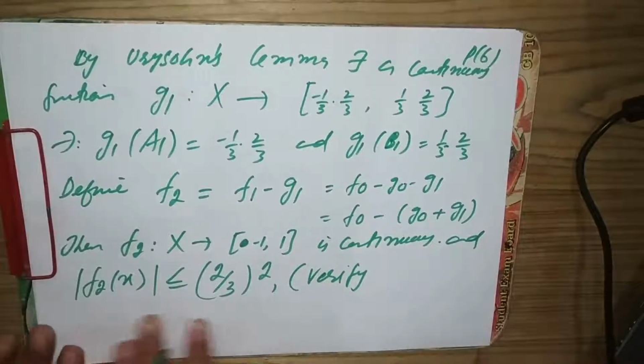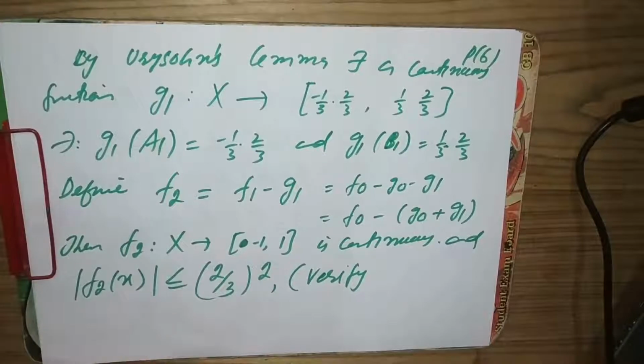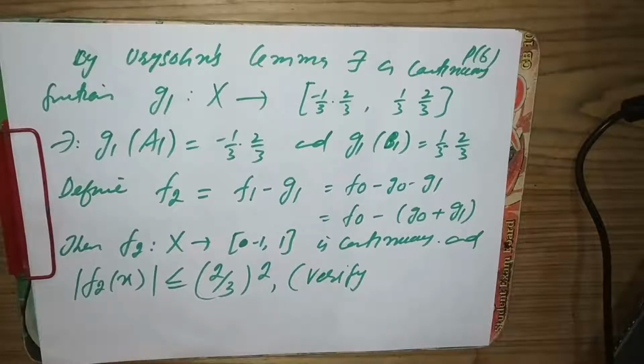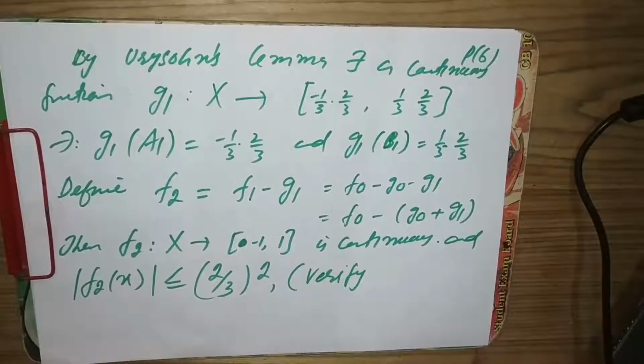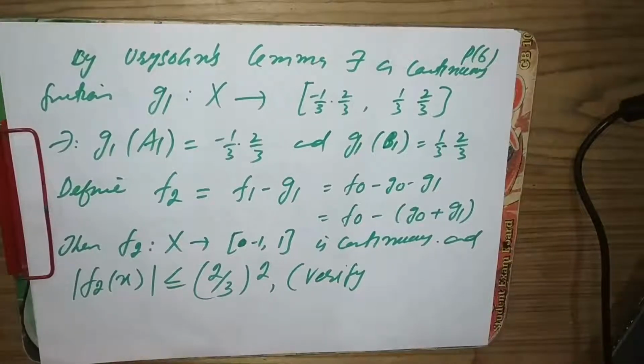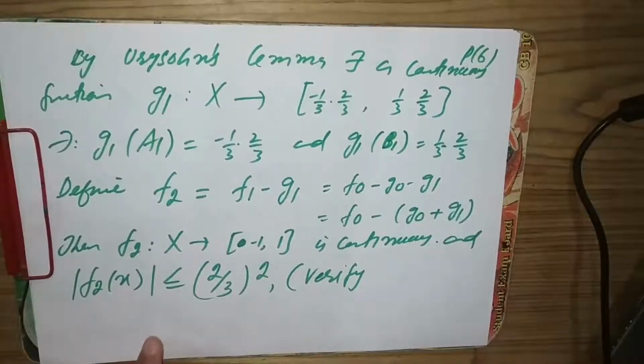You can easily do this, and f2(x) is less or equal to 2 by 3 whole square. This is simple, not too difficult. You can see the details in my lecture notes.